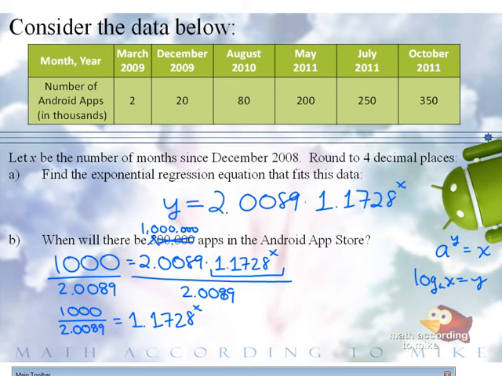So we're going to have log base 1.1728 of 1,000 over 2.0089 equals x.